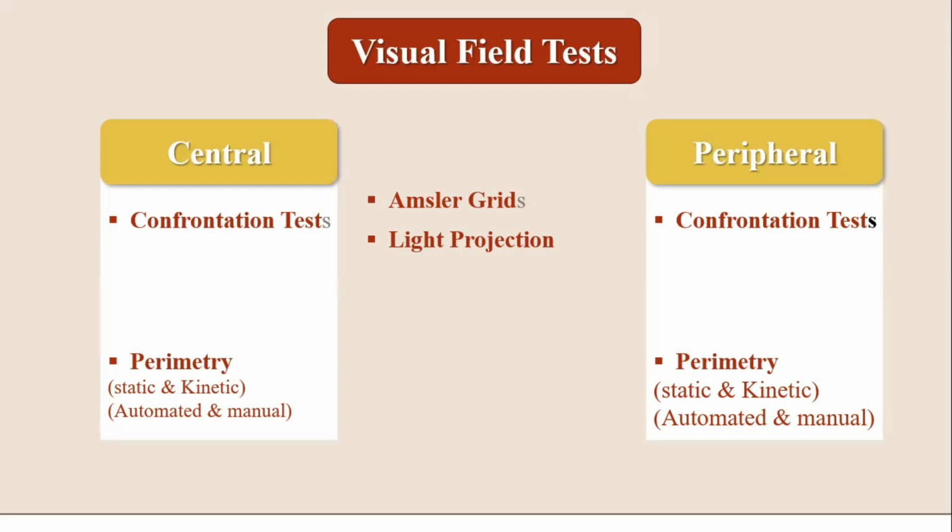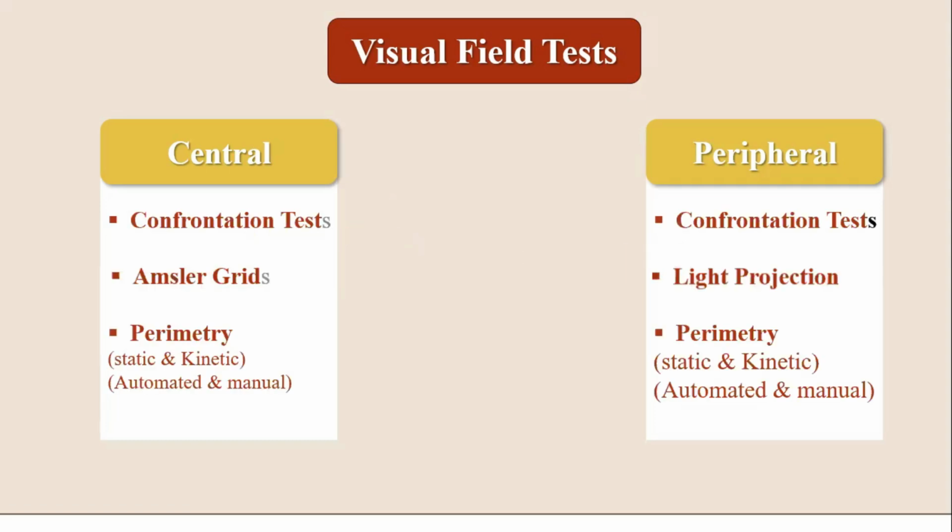Excellent. So central. And how about the light projection? I'm going to talk about the light projection test, and you have to differentiate between the light projection test and the light perception test. Okay? Yeah, excellent. All right. So Amsler grids belong to central field tests, and light projection belongs to mainly peripheral visual field testing.